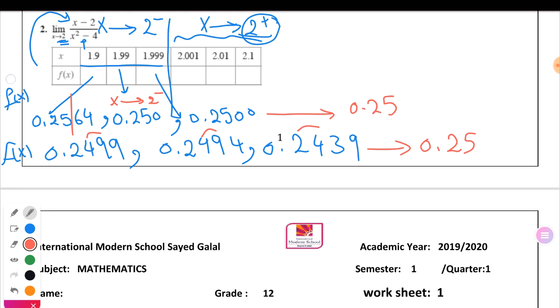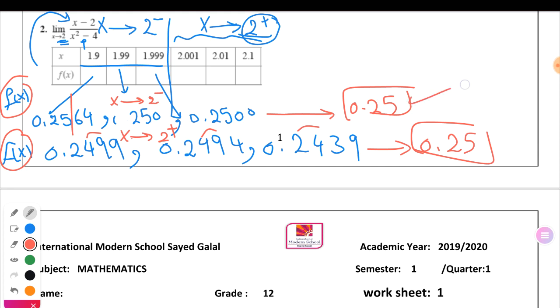Since the function f(x) goes to the same value as x approaches 2 from the left or from the right, f(x) must approach the same value. As you see, 0.25 and 0.25. In this case, the limit exists.